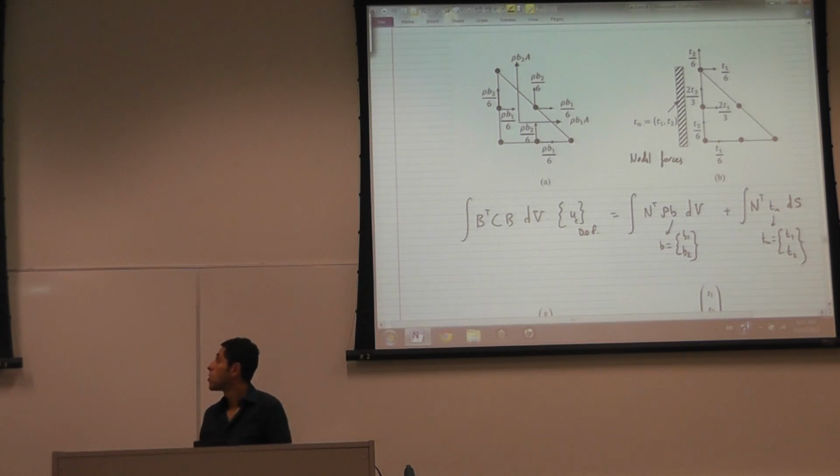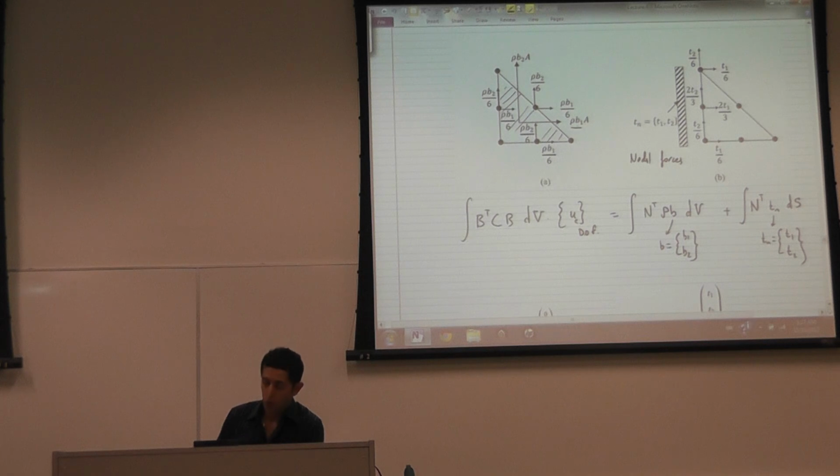So basically, what we're saying is, if I have a distributed load or distributed body force that has components rho B1 and rho B2 acting on this element, and let's say rho B1 and rho B2 are constant, the total horizontal component would be rho B1 multiplied by the area, and the total vertical component is rho B2 multiplied by the area.